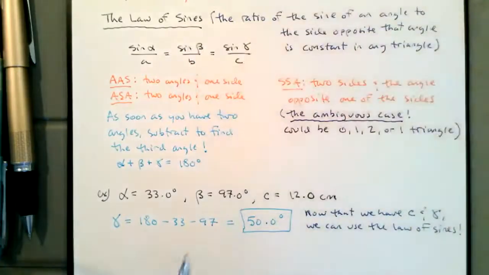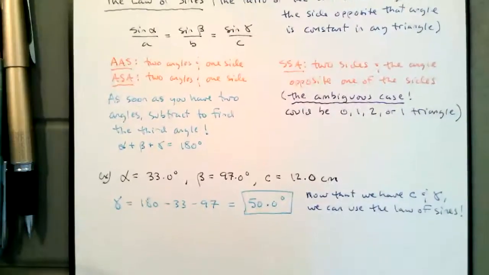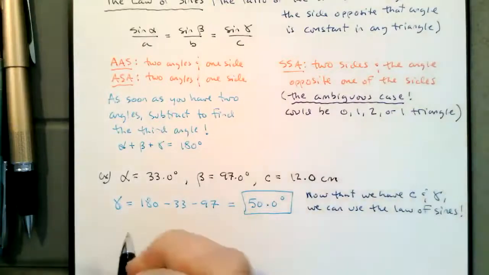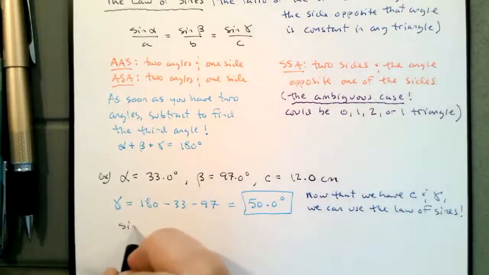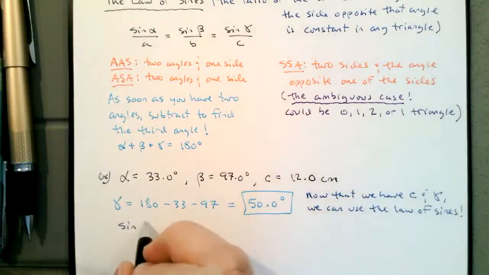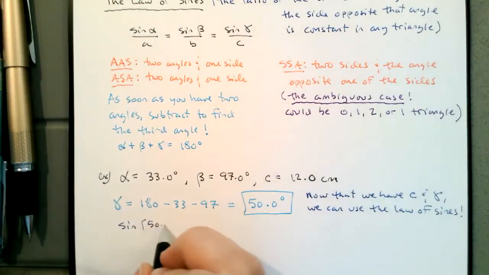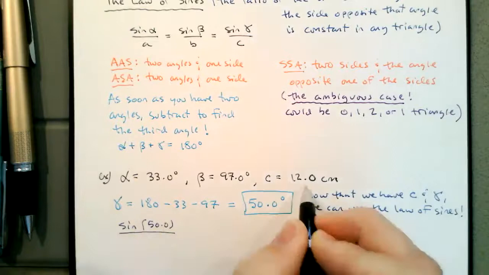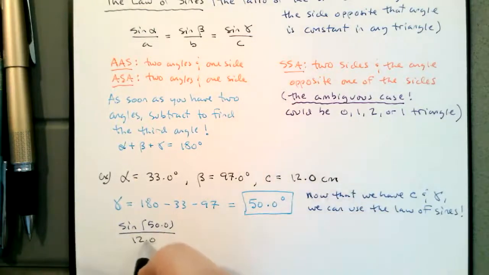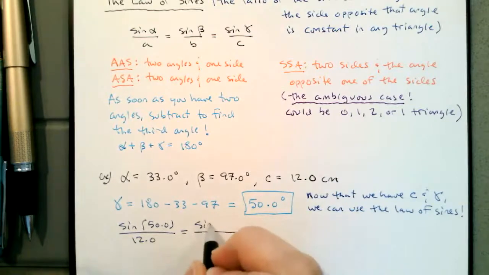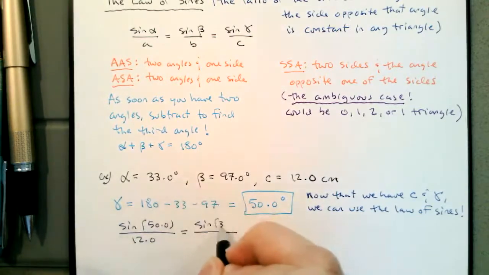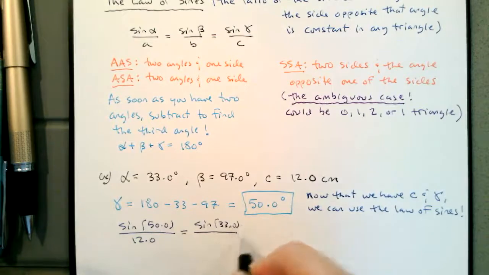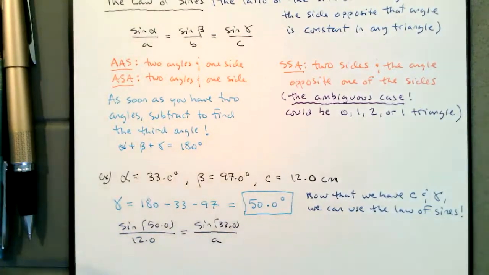So I'll say sine gamma, 50 degrees, divided by C, 12 centimeters, is equal to the sine of alpha, 33 degrees, divided by side A. So here I'm solving for A first.